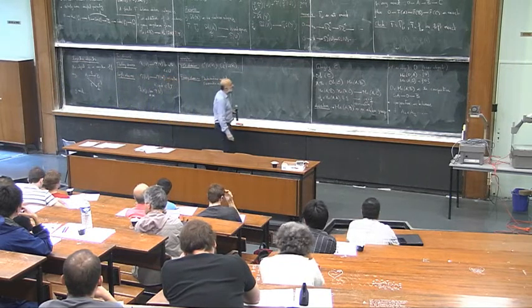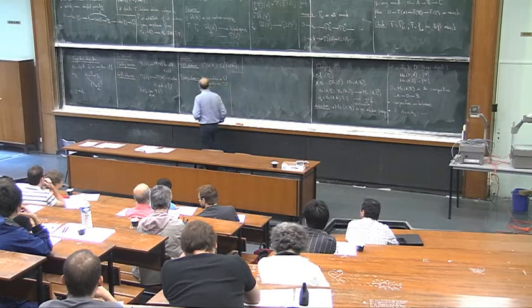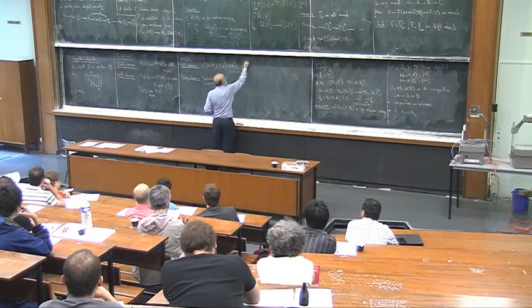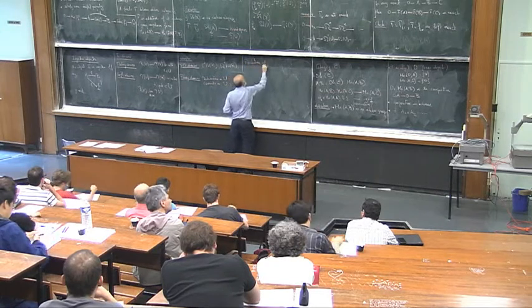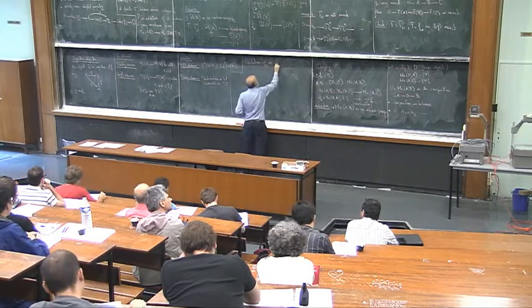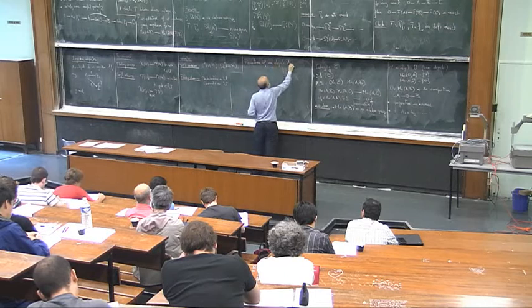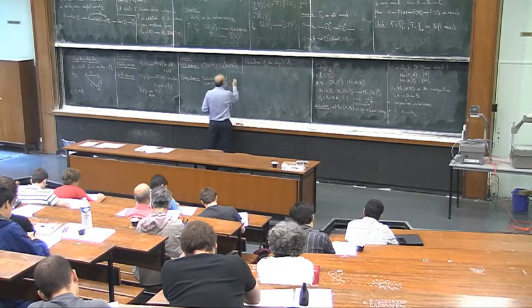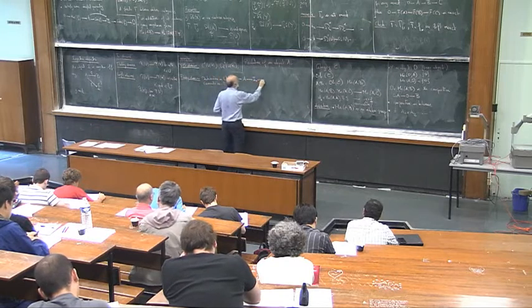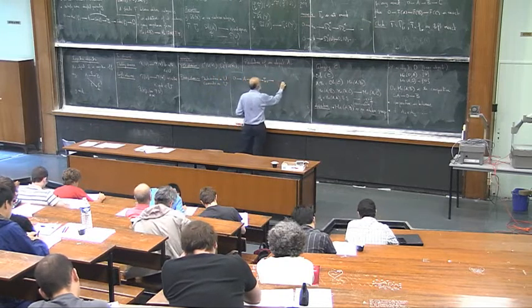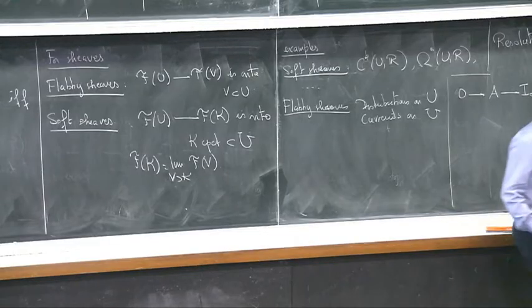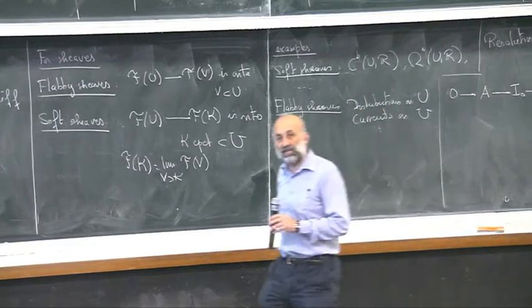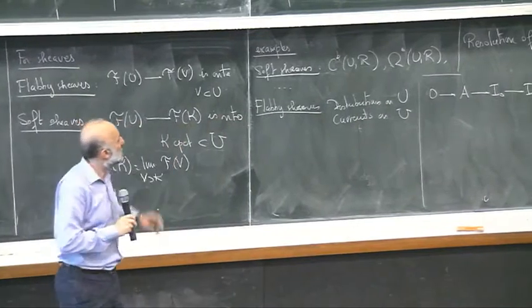So what's the idea now? Well, now I want to have a resolution of an object A. So resolution means I have an exact sequence here. And I will assume that all these sequences terminate at some point, just because it's easier.